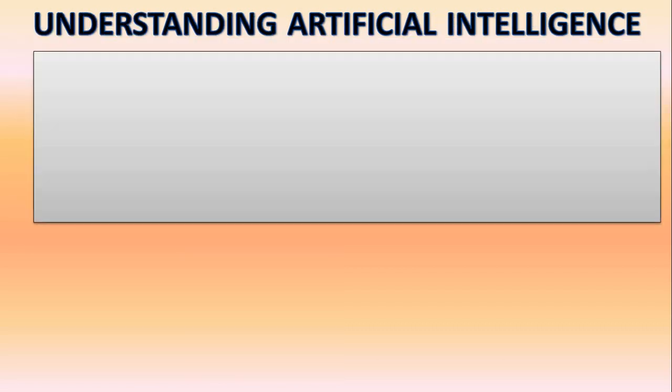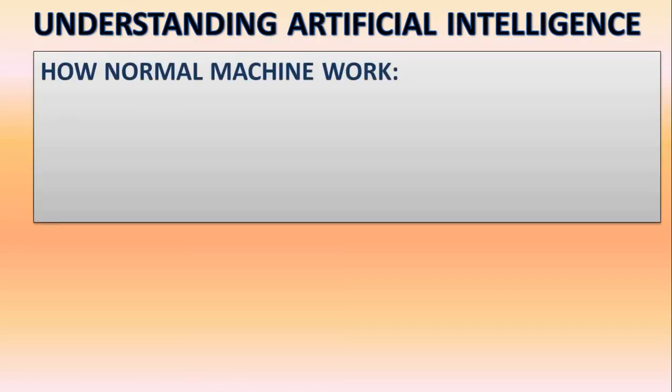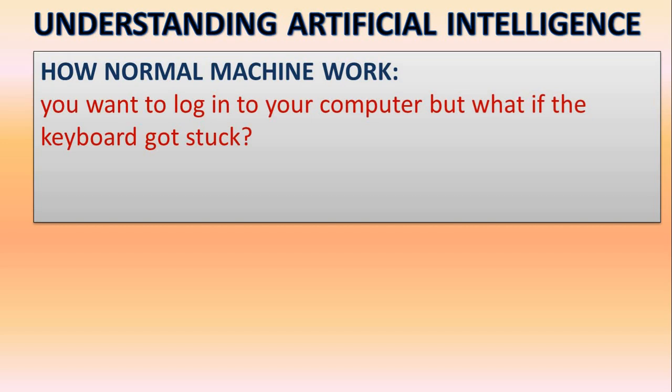So now in AI we will start from the beginning. Suppose we take an example of only a machine, and the machine is not having any intelligence. Okay, we are taking an example of only a normal machine. As you know, your system is also a machine and you want to log in to your computer.